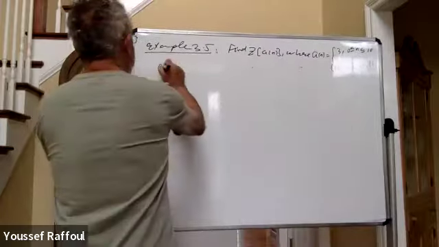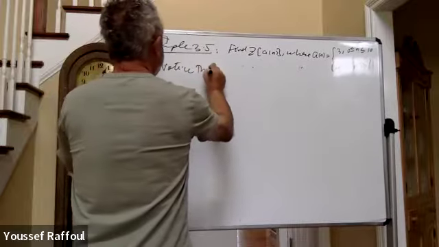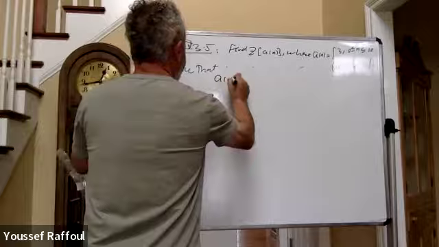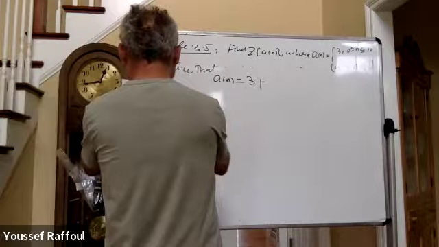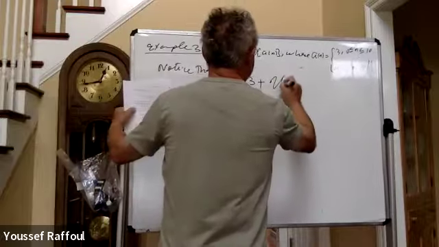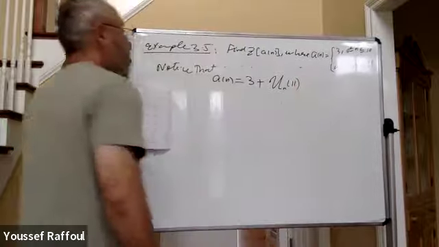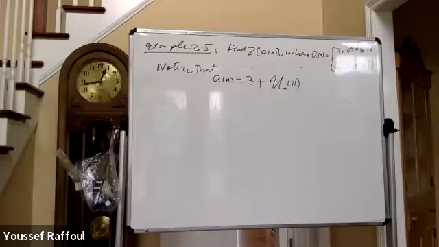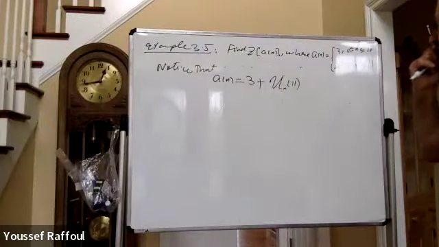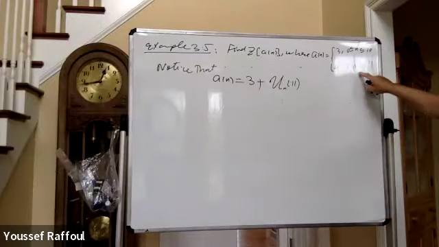So we notice that an is 3 plus un at 11. Let's see why. Well, for n bigger or equal to 11, the an is 4.